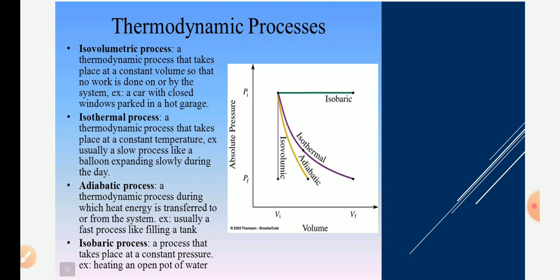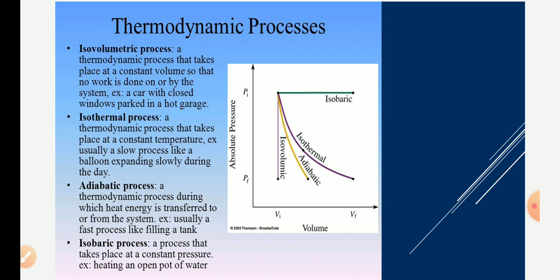Now, coming to thermodynamic processes. There are four types of thermodynamic process: isovolumetric, also known as isochoric, isothermal, adiabatic and isobaric. What are these processes?